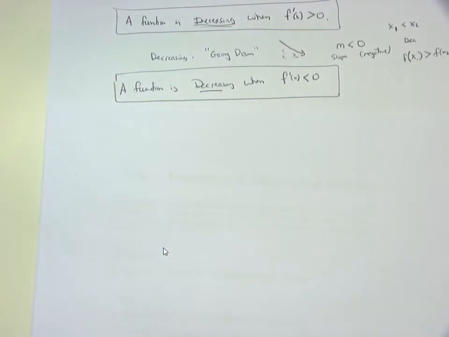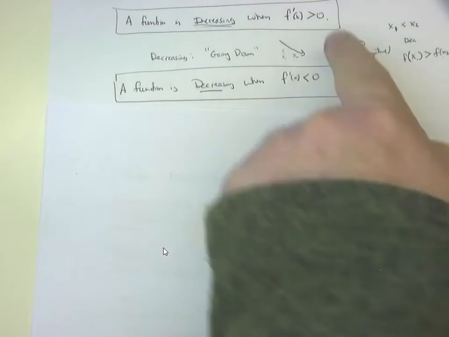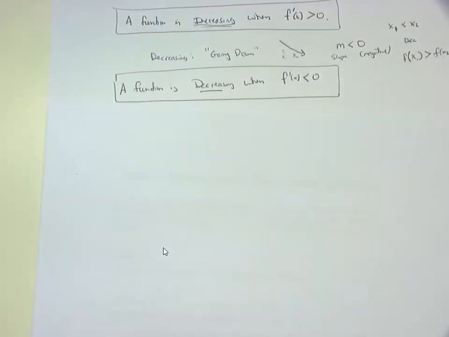what we're going to be doing is trying to figure out when a function is increasing or decreasing, where we're going to take the derivative and set it to be either greater than 0 or less than 0, okay?